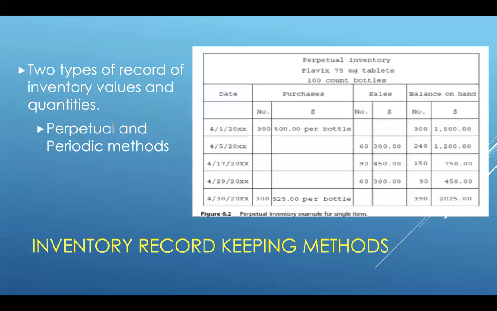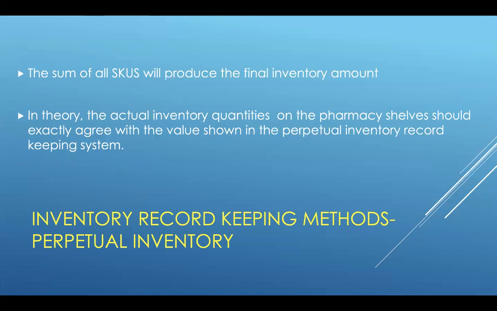There are two types of inventory values and quantities. There's the perpetual and periodic method. And depending upon what your accounting company agrees to, that is what you should stick to. So basically, for perpetual inventory, the sum of all the SKUs will produce the final inventory amount. In theory, the actual inventory quantities on the pharmacy shelves should exactly agree with the value shown in the perpetual inventory record keeping system.